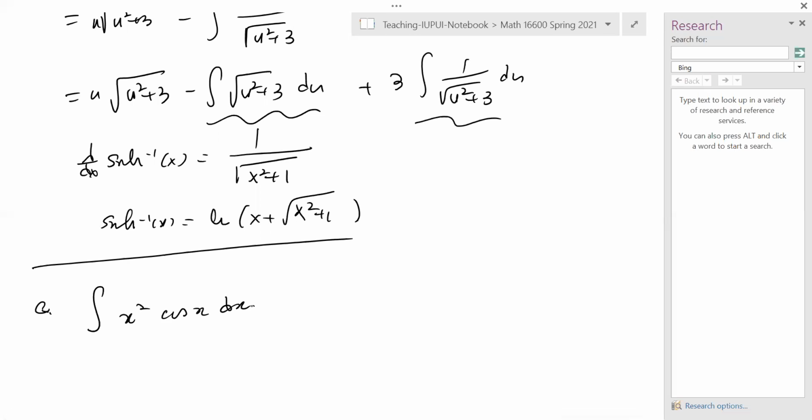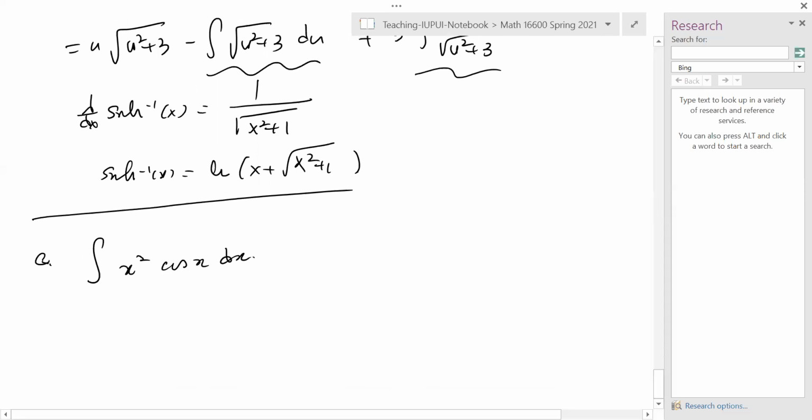Well, you don't like x squared, so you use integration by parts to reduce the power of x. Now then you search for the formulas in the table of integrals, and you see that formula 85, maybe you can use it.